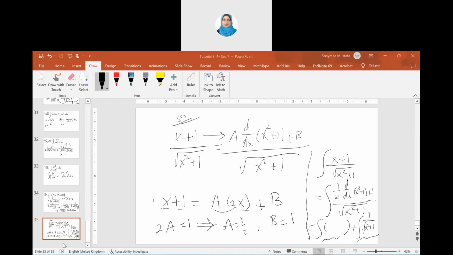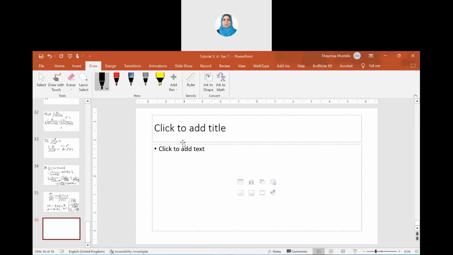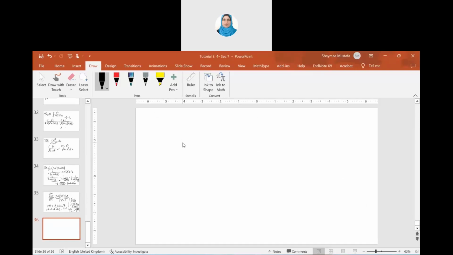For the student who asked for 45, please use the identity. I think it is 45b, dx over 1 plus cosine inverse x, right?